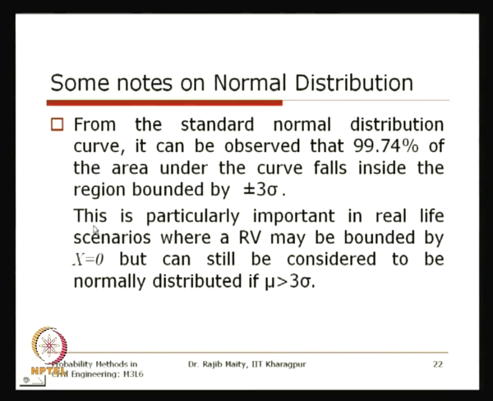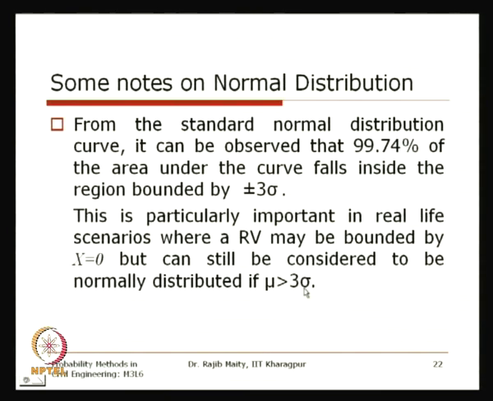This is particularly important in real life scenarios where a random variable may be bounded by x equals 0, but can still be considered to be normally distributed if mu is greater than 3 sigma.